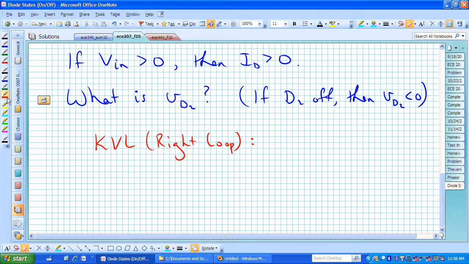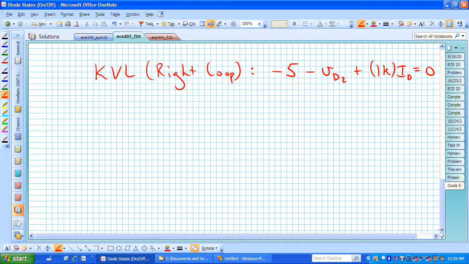If we do the KVL on the right loop, then we go up through the battery of minus 5, then we have minus V sub D sub 2 plus the 1K times I sub D on the far right vertical resistor path, and that's equal to 0. We can now solve that for V sub D sub 2.